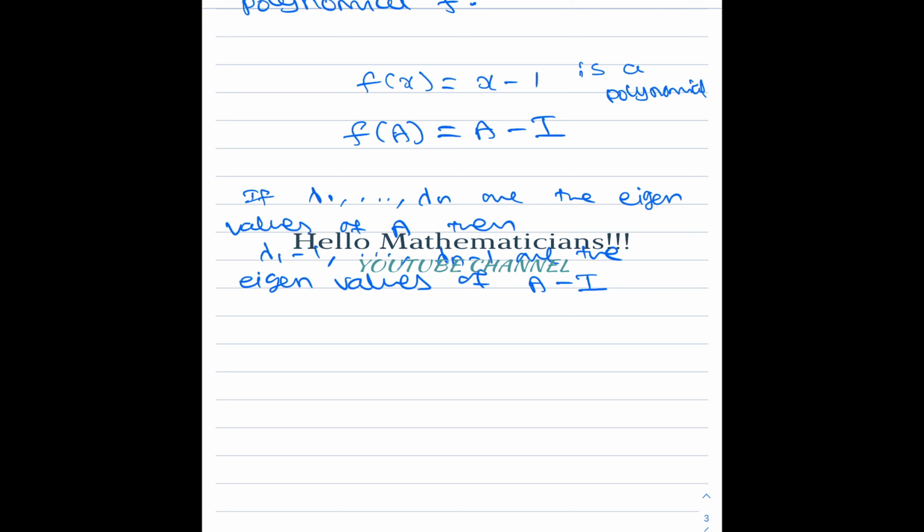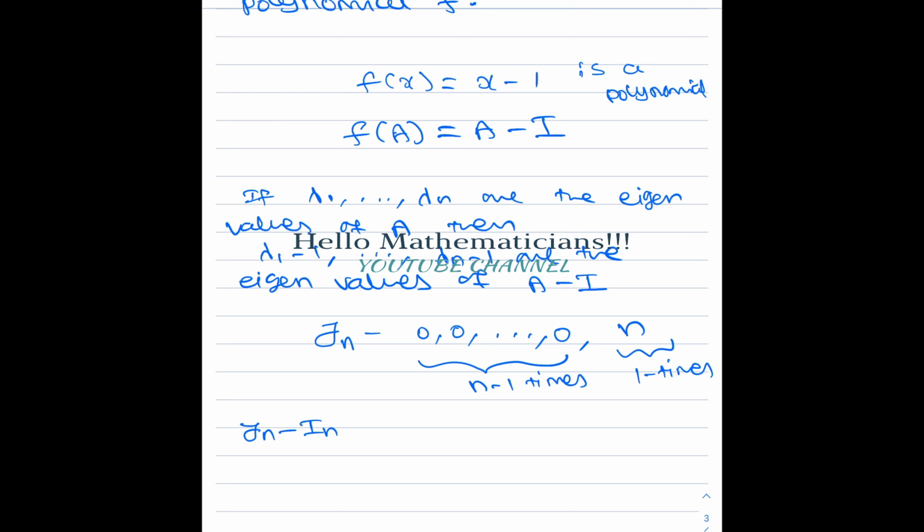Now for the matrix Jn, the n by n all one matrix, its eigenvalues are 0, 0, etc. 0, then n, correct? So this is n minus 1 times and this is 1 time. Therefore, what are all the eigenvalues of Jn minus In? We have to subtract 1 from all the eigenvalues.